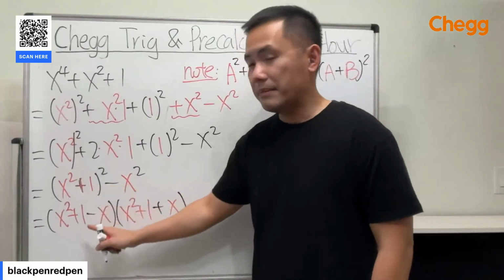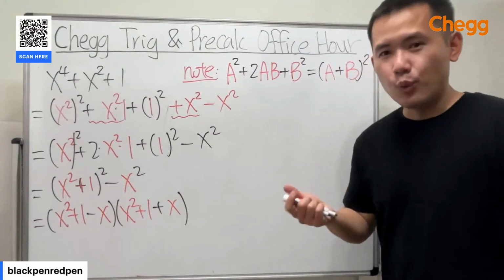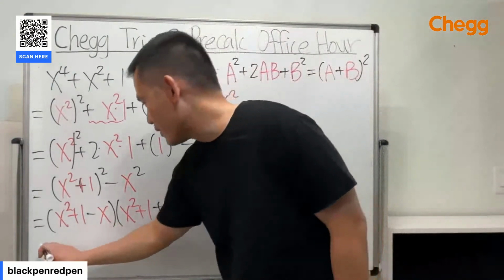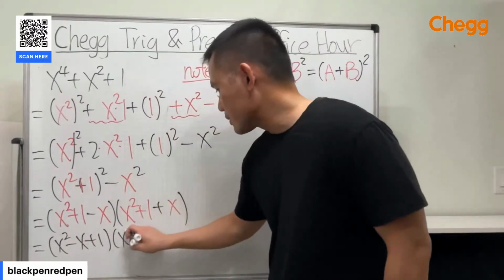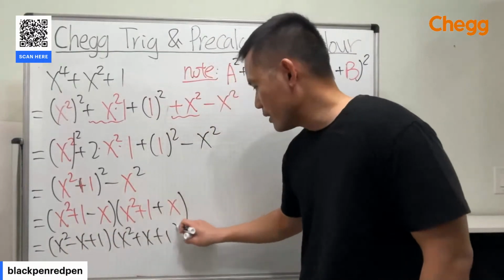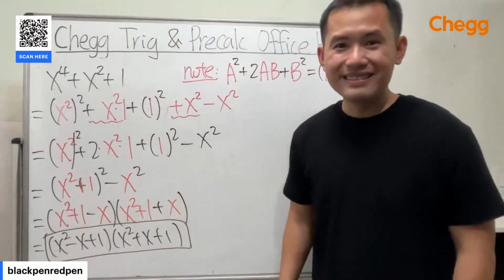A minus b times a plus b, just like that. And then finally, I just want to change the order to the order that we like. Put this here first. So we have x squared minus x plus 1, and then x squared plus x plus 1. And then we're done. Just like that. Okay.